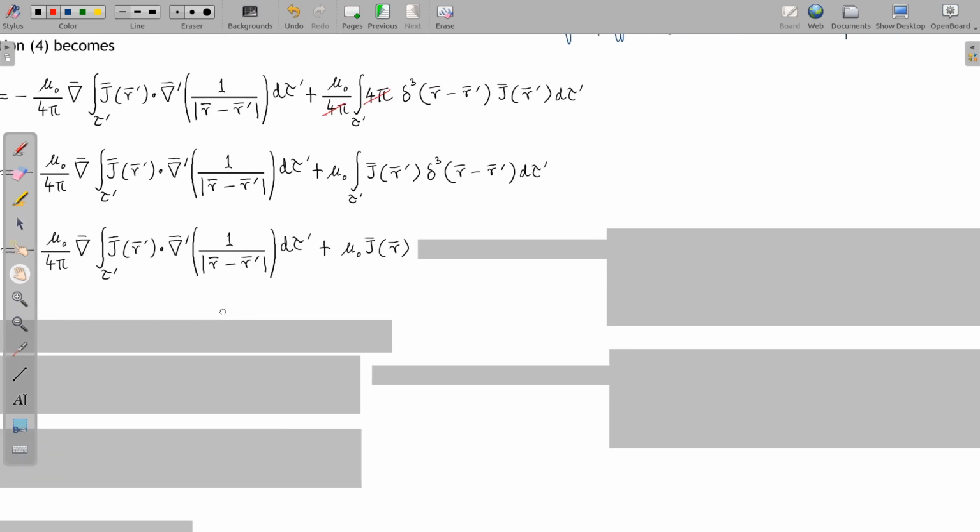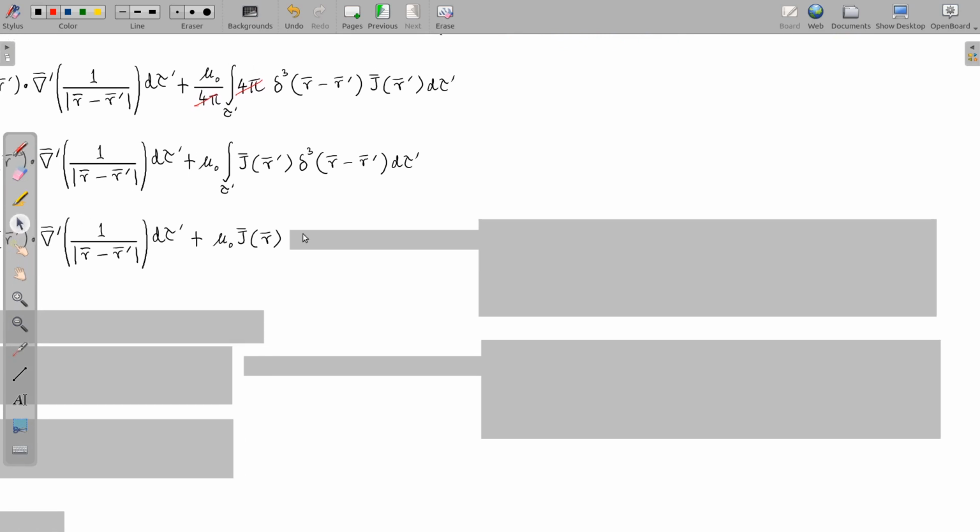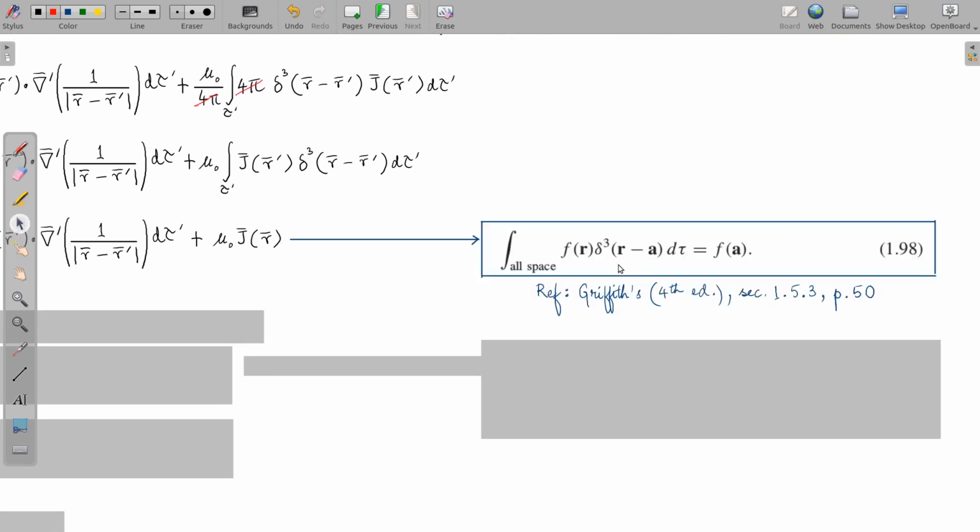And how do we get that? That is a feature of the Dirac delta function. If I have any function of r, multiply it with the Dirac delta function at r minus a, and take the volume integral, we are basically sampling this function at the point a.